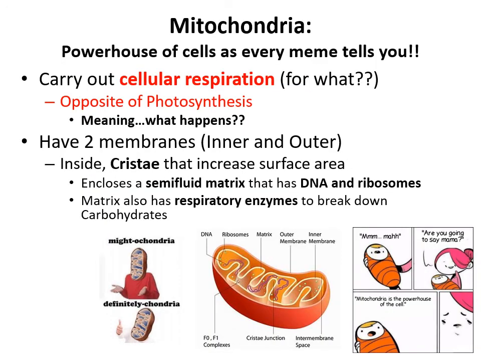There's also the mitochondria, which you always hear called the powerhouse of cells, and powerhouse because it is the big energy maker of the cells. What they do is they carry out cellular respiration, which, if you visualize the formula for that, you'll see in later chapters, is actually the opposite of photosynthesis.